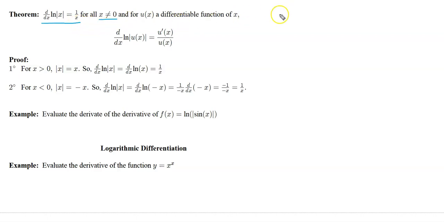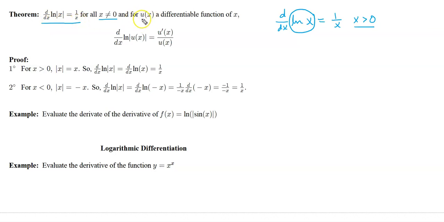If you recall, before we only had this result for x positive, and that was because the natural log of x is only defined for x being a positive number. But if we take the absolute value of x, then this is defined for all x not equal to 0, and then we have this result here.